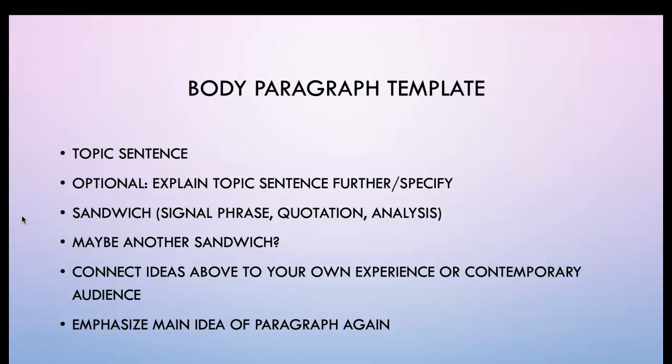Then at the end of the paragraph, connect the ideas in the paragraph to your own experience or to things you've observed. And then at the very end, emphasizing the main idea of the paragraph again without repeating the topic sentence word for word. So you want to emphasize that main idea, but not just copy the topic sentence again. Say it in a different way. This is for each body paragraph.